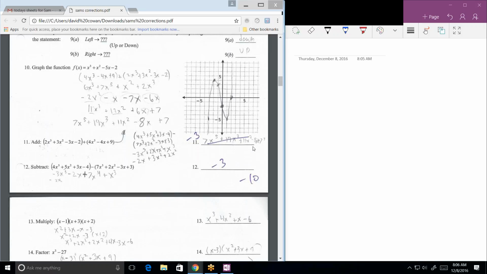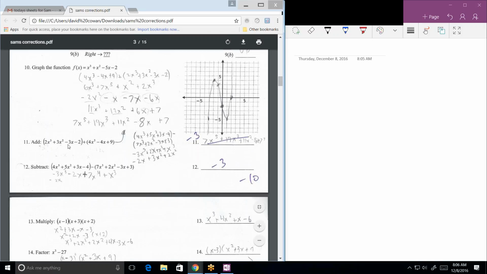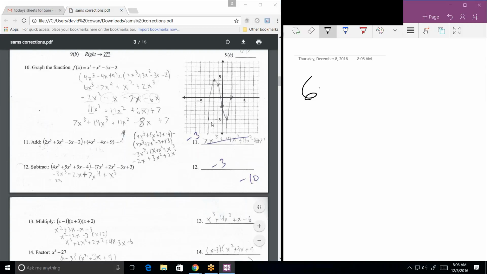When you're adding polynomials, you just add all like terms. That's all you do. So these parentheses are not needed, either one of them. So how many total x cubes do you have? X cubed is 2 there, and you got 4 there. How many total do you have? 6x cubed.